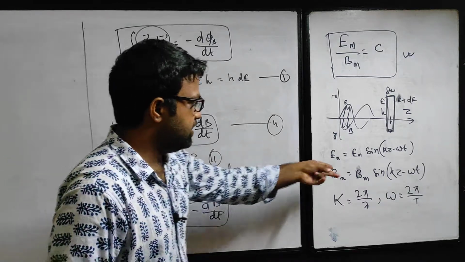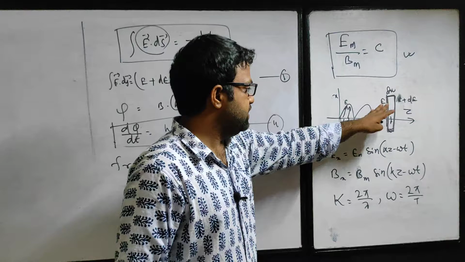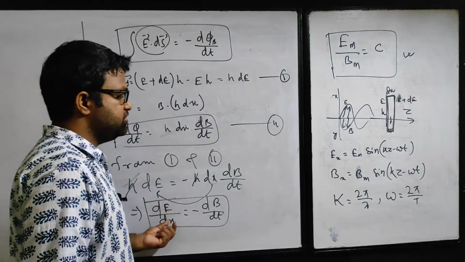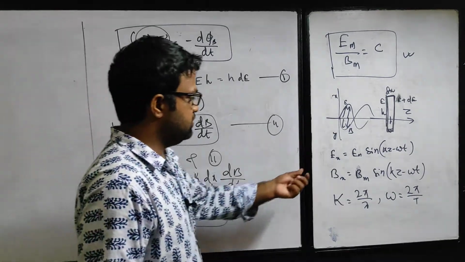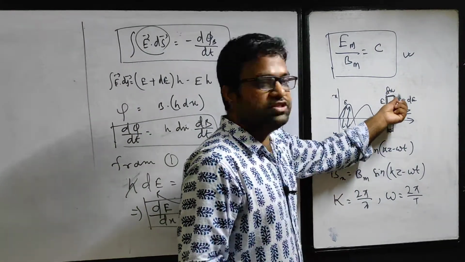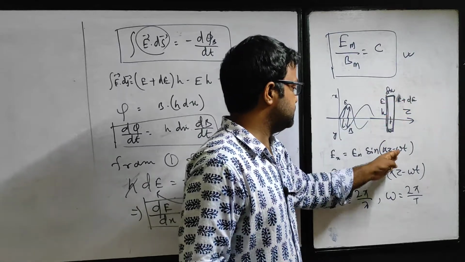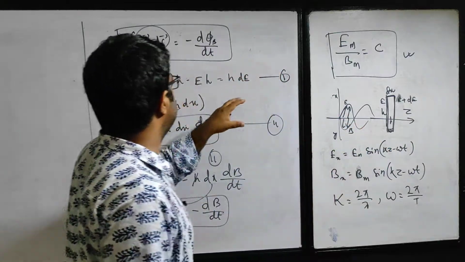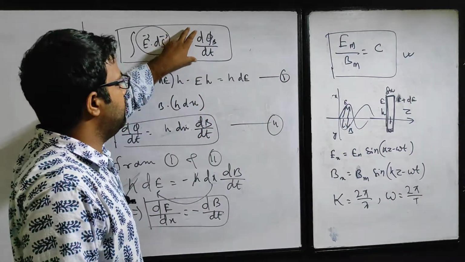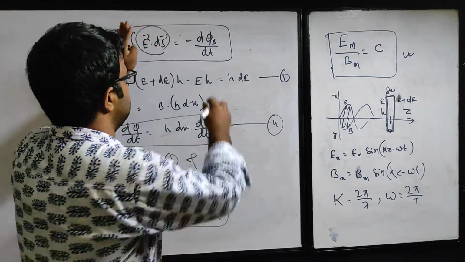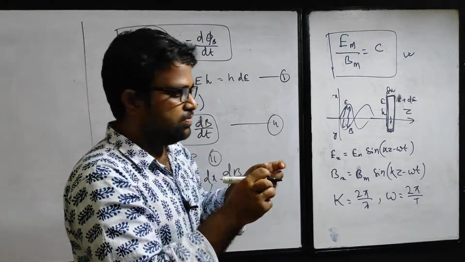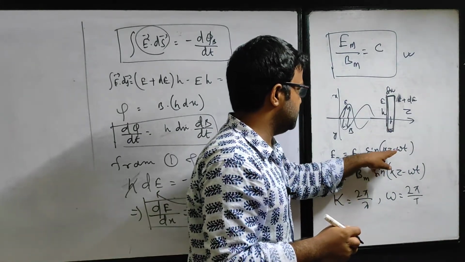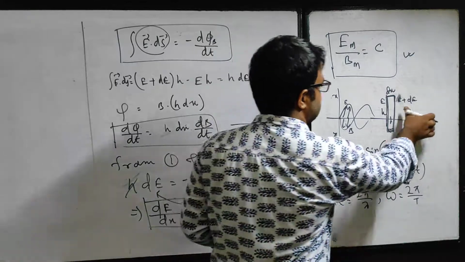Now E and B are in this form, and E is changing with x when it is crossing x, so t will be constant for that. That means we are taking a snapshot for a constant time, a fraction of time.